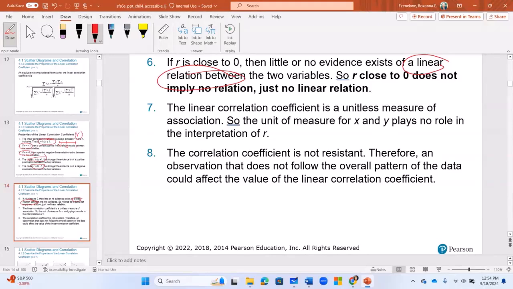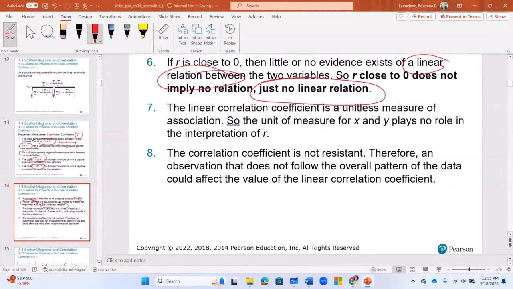I mean, there could be some other relationship, but we are only interested in linear relationship. So R close to 0 does not imply no relationship. Everybody must know this.